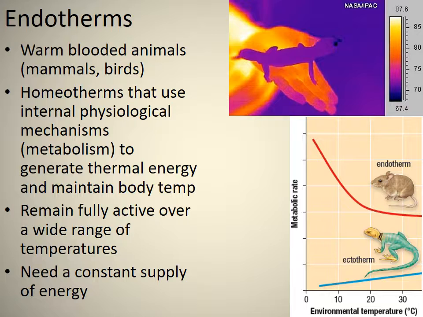We are called endotherms, and the reason why we're called endotherms is because we are warm-blooded animals. And we use physiological mechanisms, like metabolism here, to generate thermal energy to help maintain body temperature. We obviously are fully active over a wide range of temperatures.